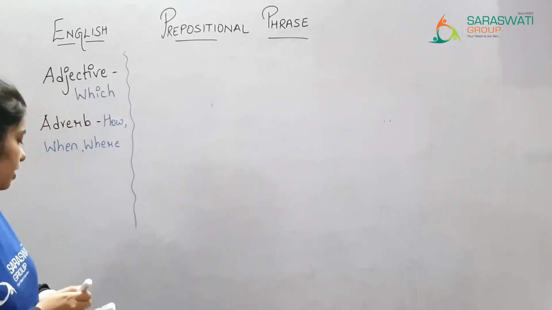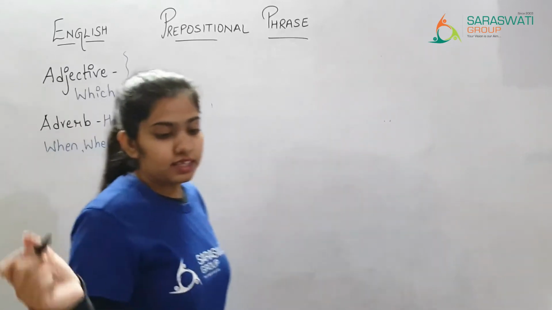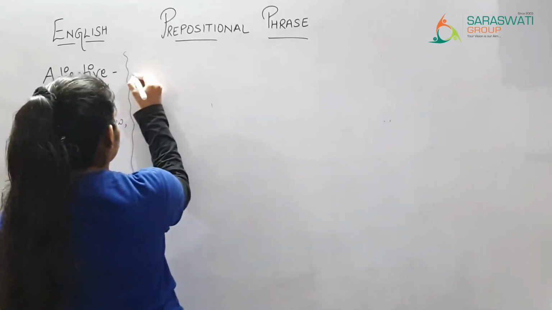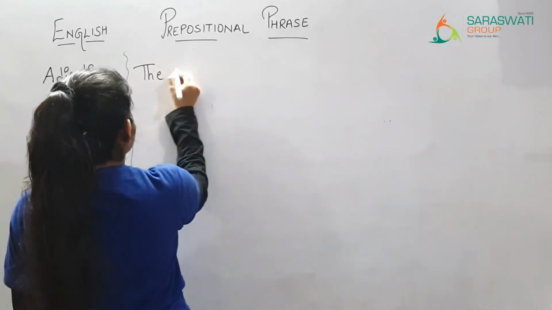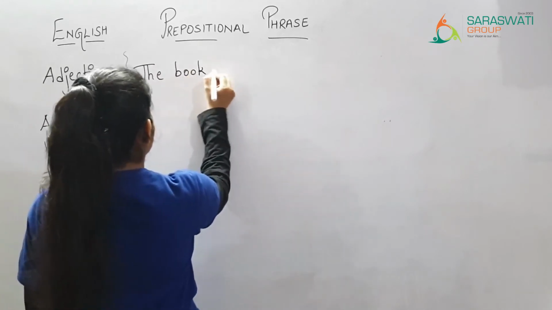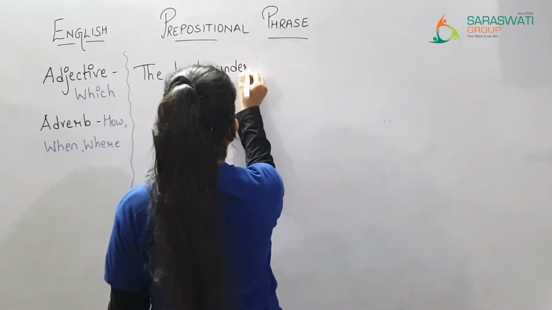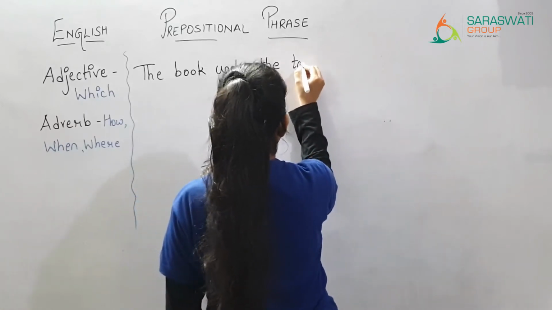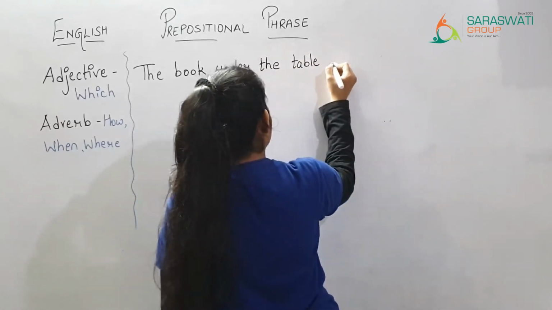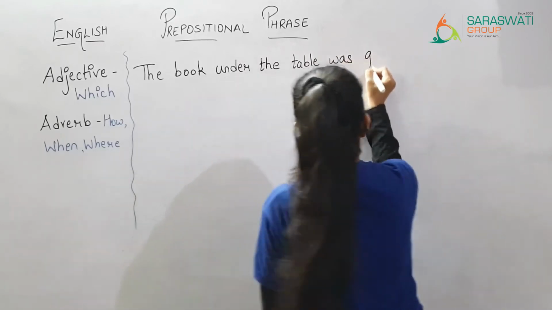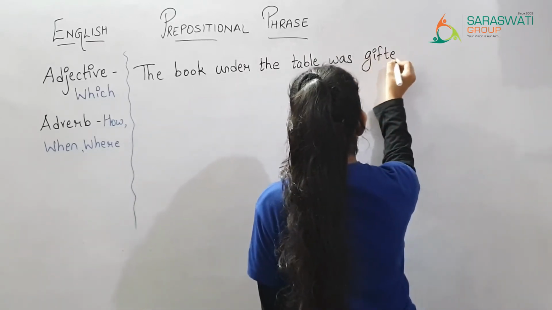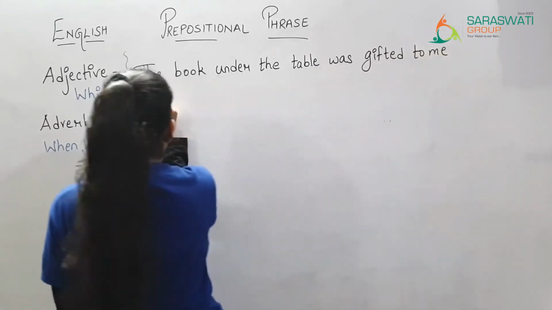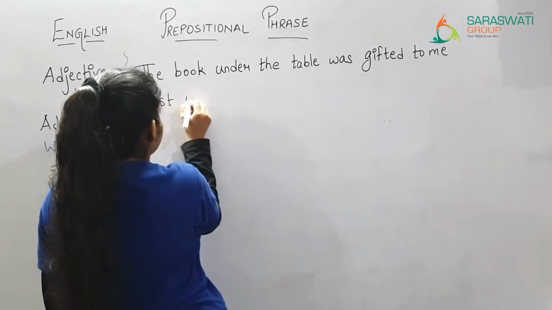Now let me take you another example, that is, the book under the table was gifted to me last week. The book under the table was gifted to me last week.